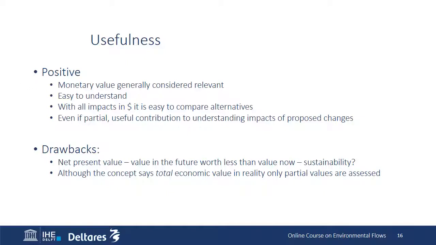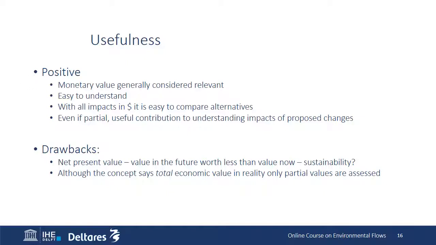The main drawback is that the method to translate future values into a present value applies a discount rate, which means that values that we will obtain in the future are worth less today. That makes it difficult when comparing, for example, a purification plant with a wetland. A purification plant will have a limited lifetime, for example 50 years, so there is only a limited amount of discounting.